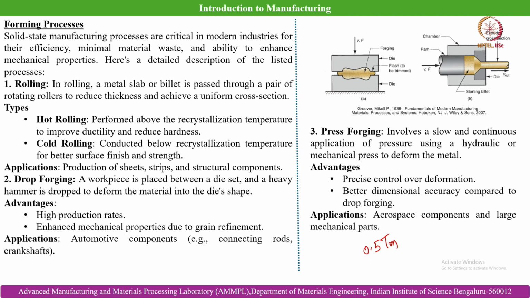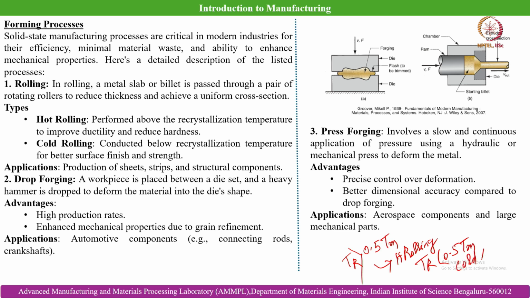So when we are doing the rolling processing, if the rolling temperature T roll is greater than 0.5 Tm, then we call it hot rolling.